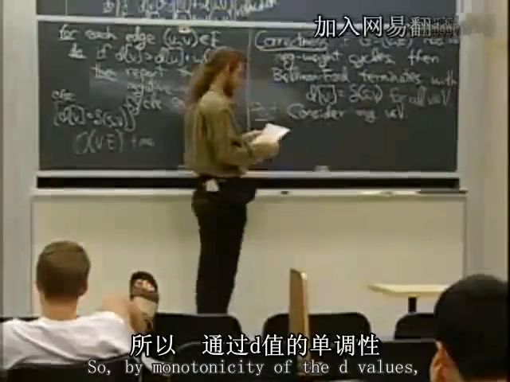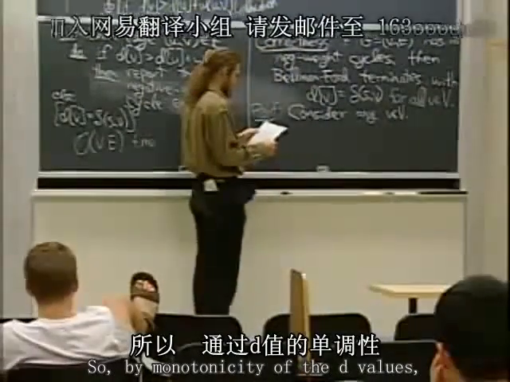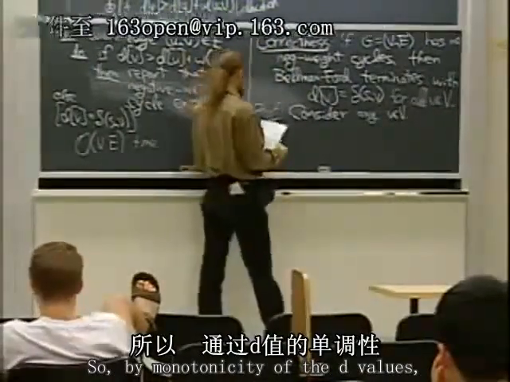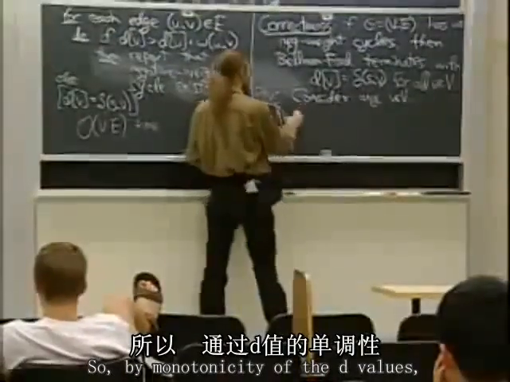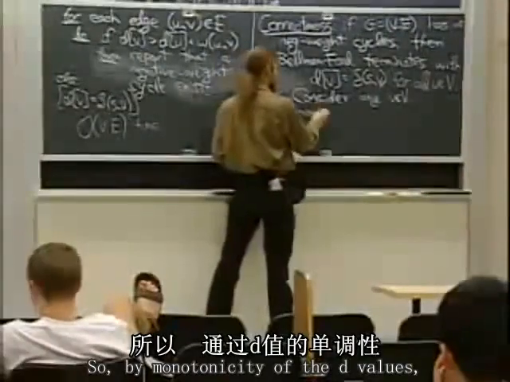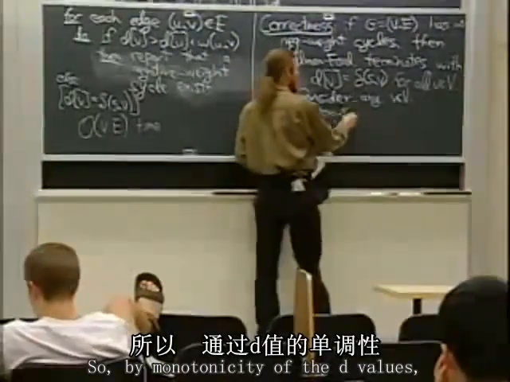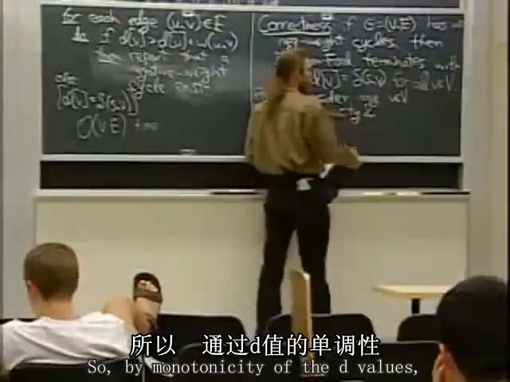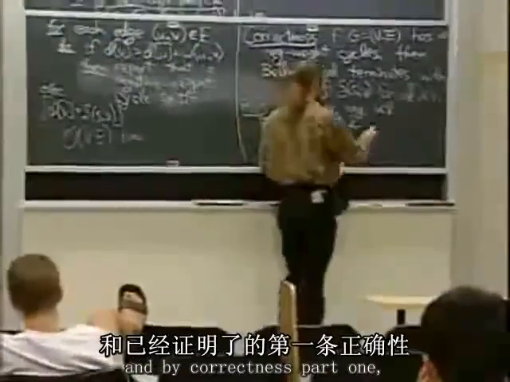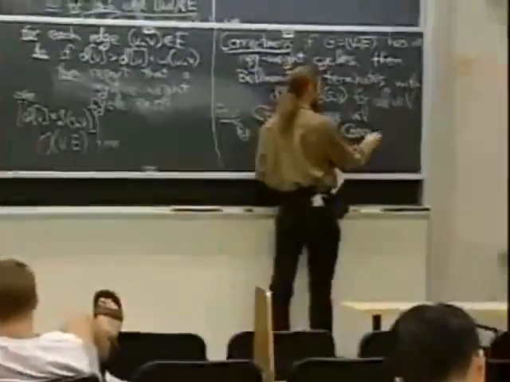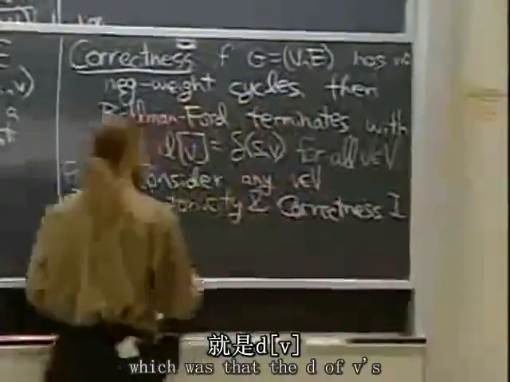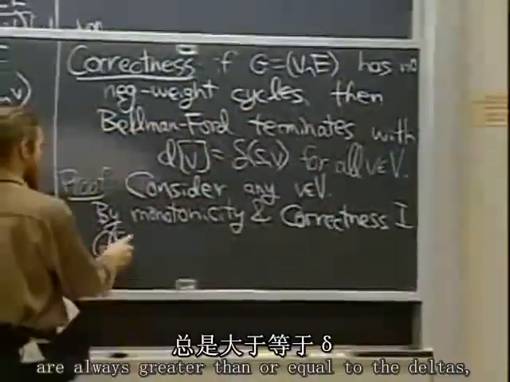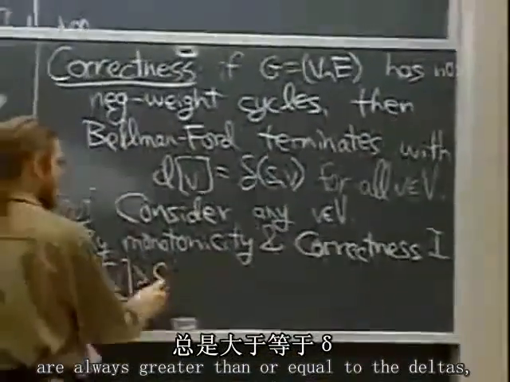So that's by monotonicity of the d values and by correctness part 1, which was that the d of these are always greater than or equal to the deltas.